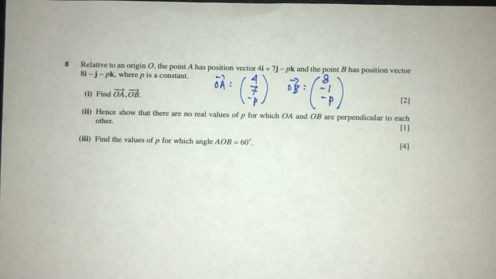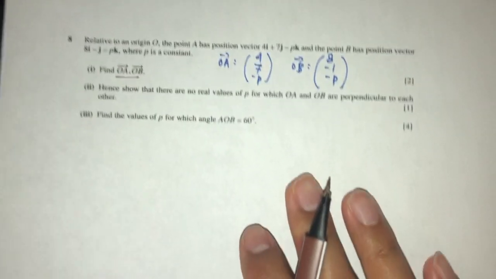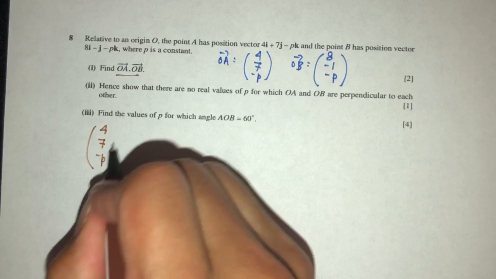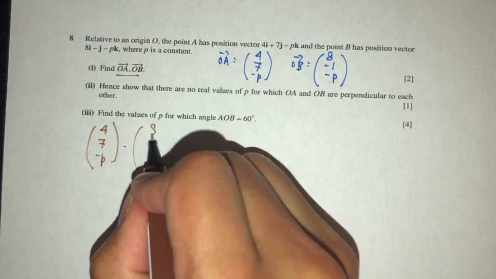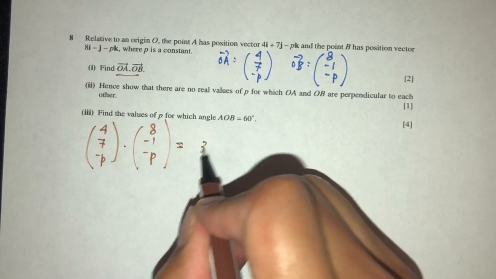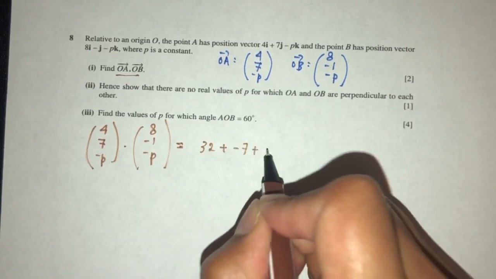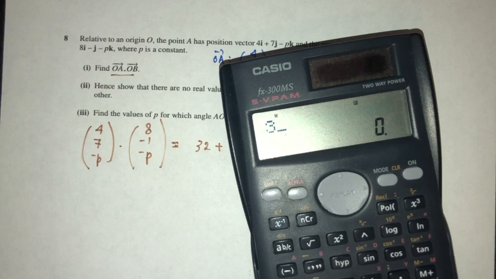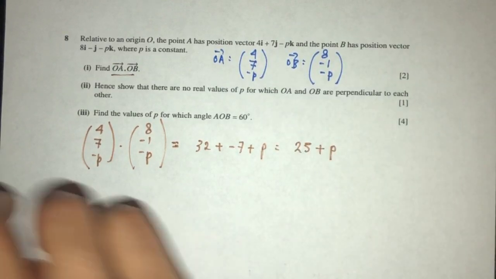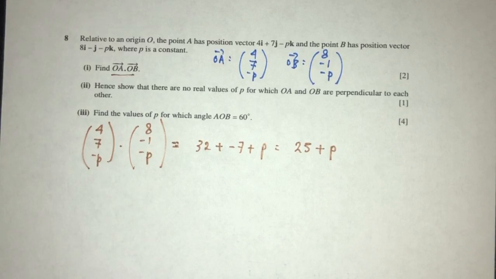So now we have to find the dot product of those two vectors, so pretty easy. On one side we have (4, 7, minus p) dot (8, minus 1, minus p). So this will be 32 plus minus 7 plus p. That will be what? 32 minus 7 should be 25. So 25 plus p will be your answer for part 1 for the dot product of those two vectors.